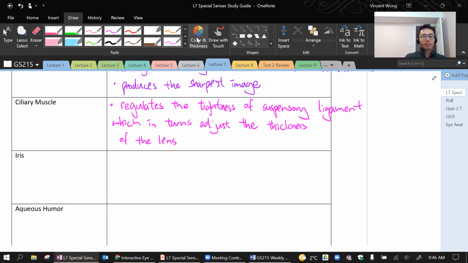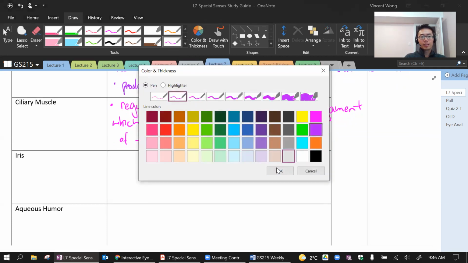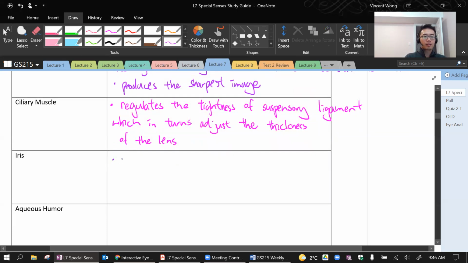Iris. Iris is the color part of the eye. And it's not just to make our eyes look pretty. The iris actually changes the size of the pupil.